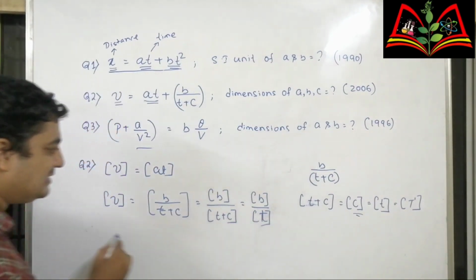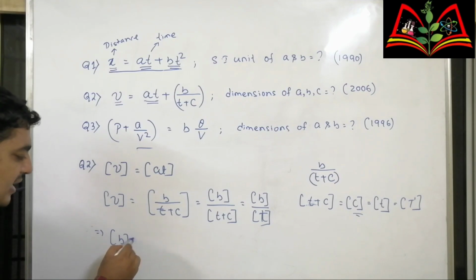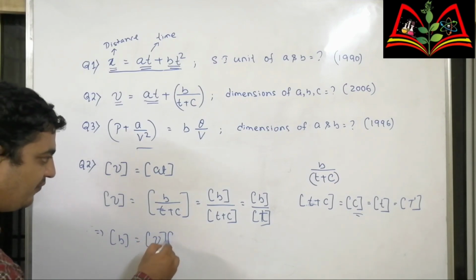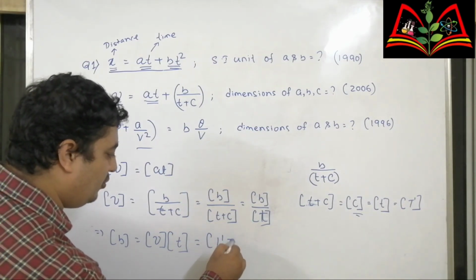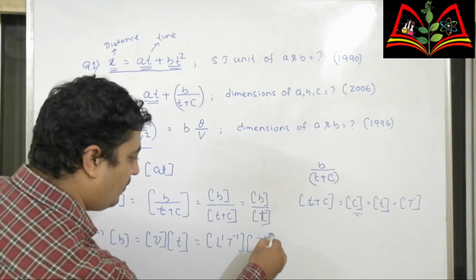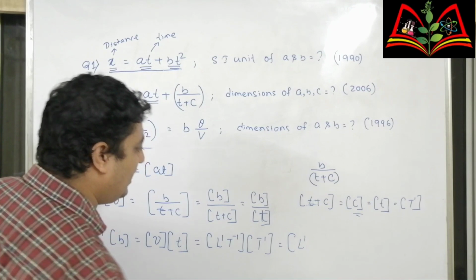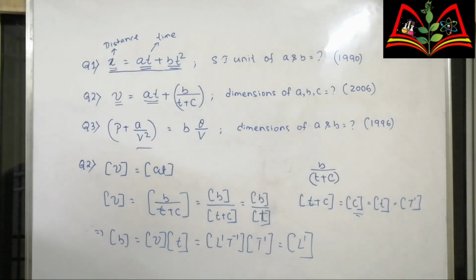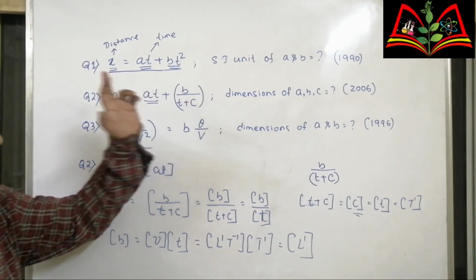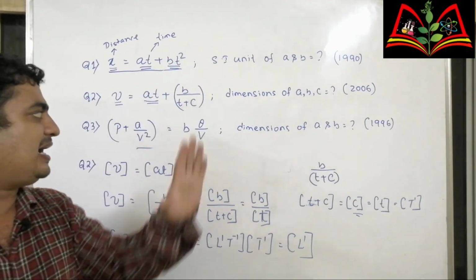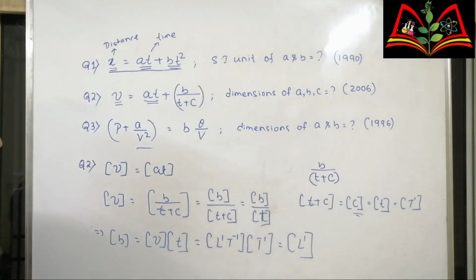So we can say dimension of B equal to dimension of V into dimension of T, which is equal to L to the power 1. So dimension of A, dimension of B and dimension of C can be calculated as per the process.